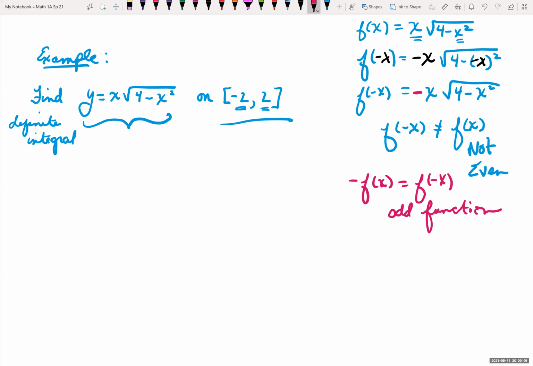Well, if this is an odd function, that told us that the integral from -2 to 2, that definite integral, was equal to 0. And so if you wanted to do that on an exam, you could, but you would have to explain why you got that that was equal to 0, because f of x is an odd function.